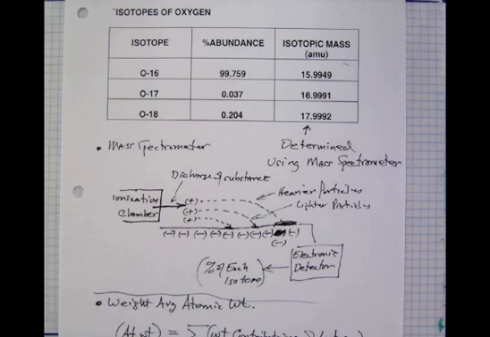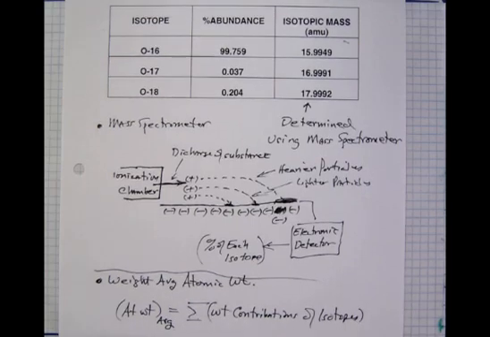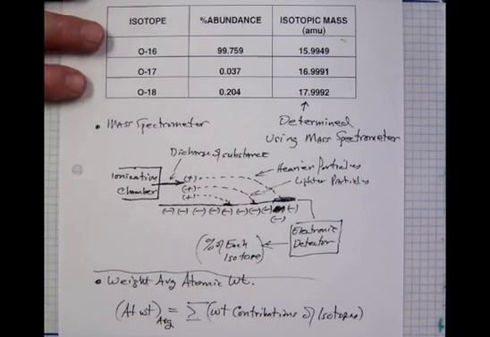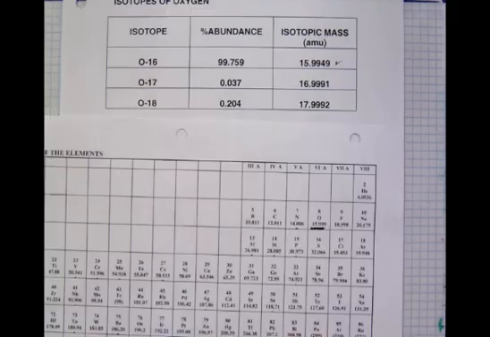Oh, sorry. Notice it had fallen off the page. Right there. Why the difference? See the point I'm trying to ask? So what I'm going to show you is why the difference exists. The number up here is an isotopic mass.